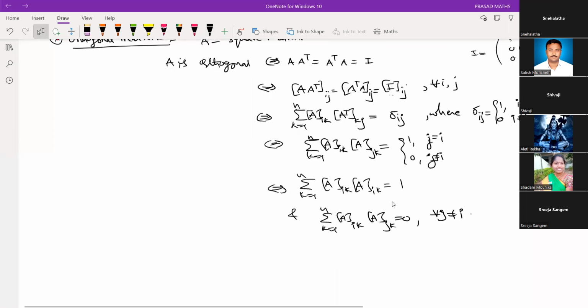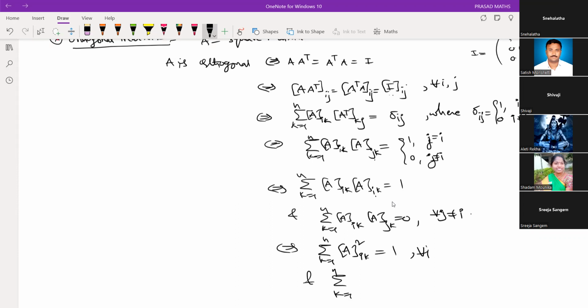Whenever j equals i, here j is replaced by i, so that is precisely summation k equals 1 to n of the ik-th entry squared, which equals 1, and this is true for every i. And the summation of the ik-th entry times the jk-th entry is 0 for every j not equal to i.